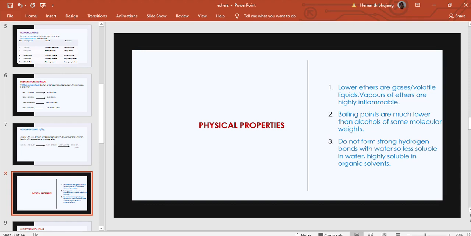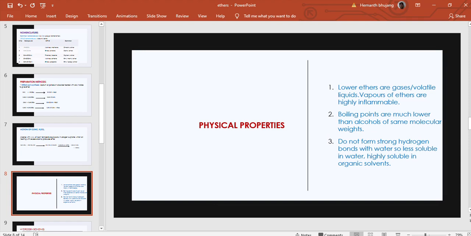And next, these ethers do not form strong hydrogen bonds with water. So if we discuss the solubility of these ethers, they are less soluble in water and highly soluble in organic solvents. What is the reason?